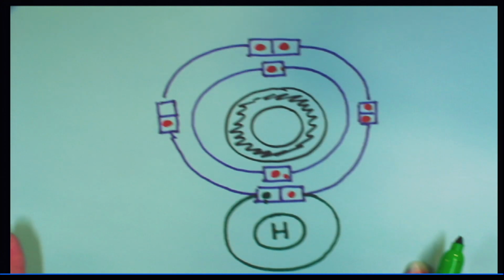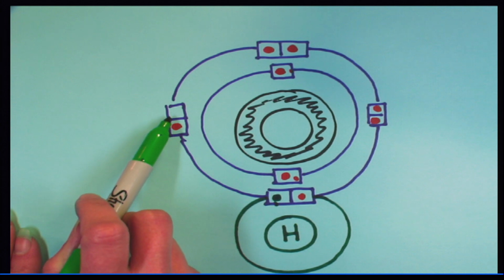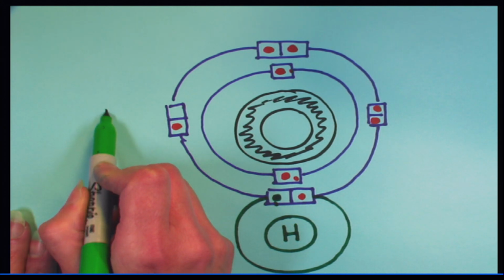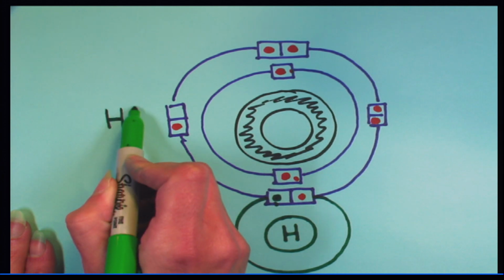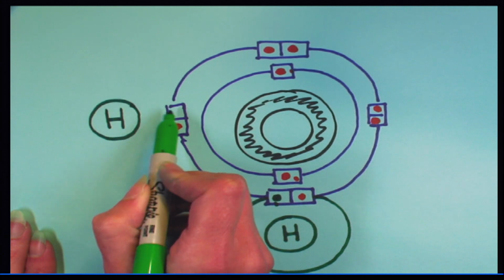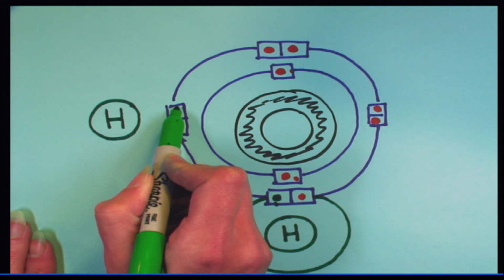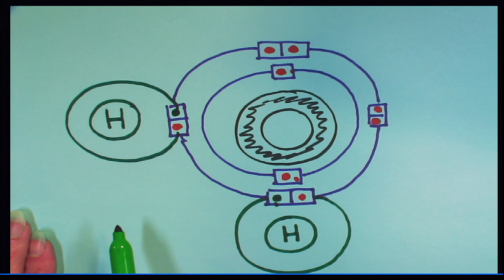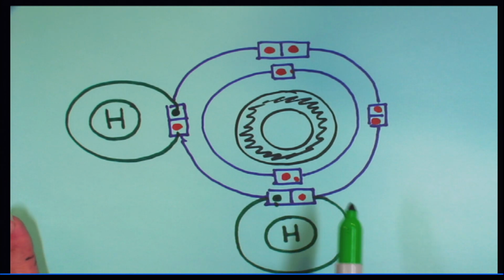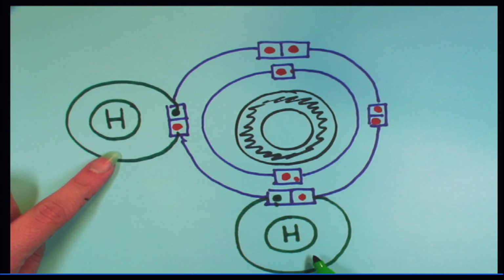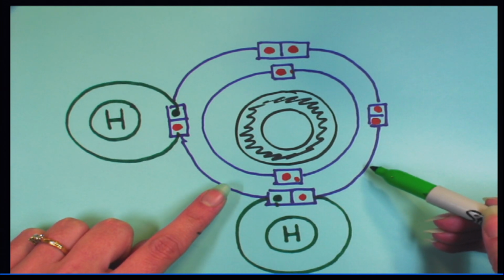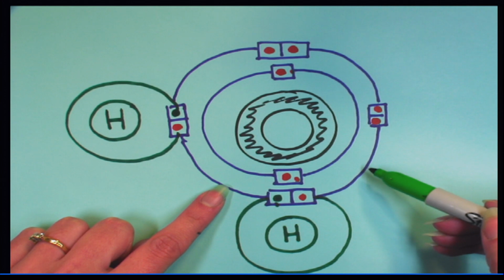But oxygen isn't completely happy because we still have this missing electron as well. So what we can do is we can put another hydrogen in there. Like so. So now everybody is happy. Both the hydrogens have complete valence shells and oxygen also has a complete valence shell.